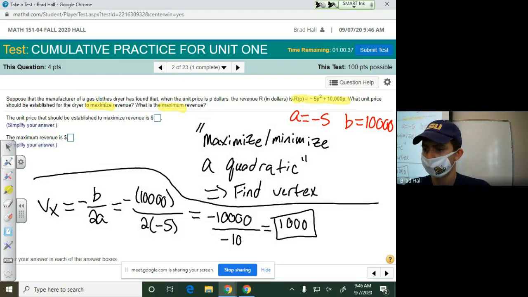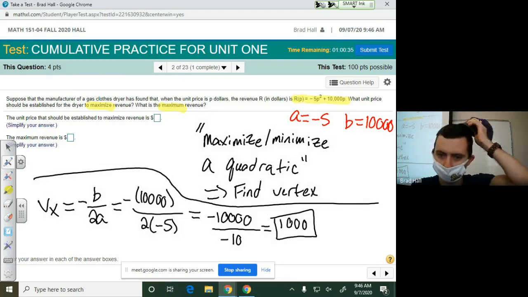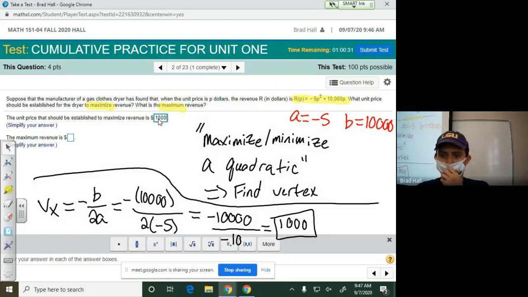So you get 1,000, start off. That's actually going to be your first answer here, part A or the first part, whatever you may consider it as. This is the location of the maximum value, as it's called, the x-coordinate of the vertex.